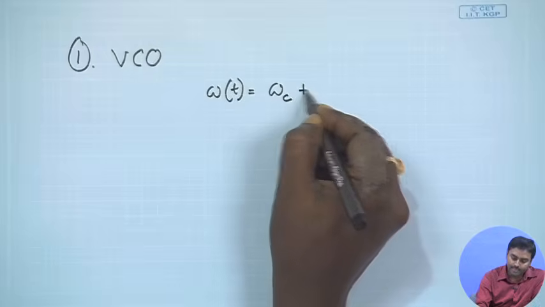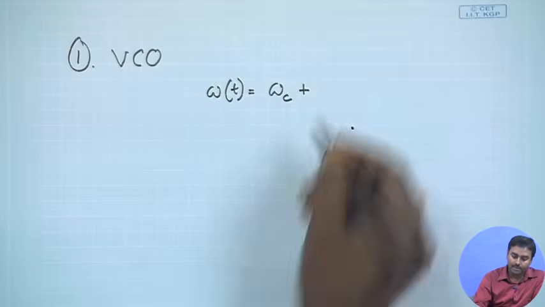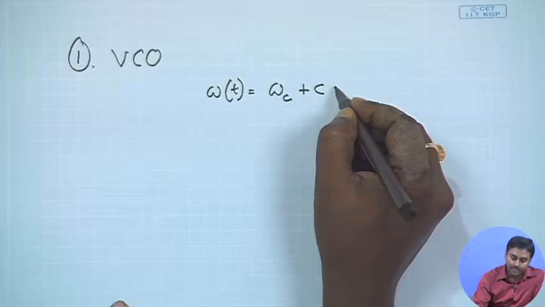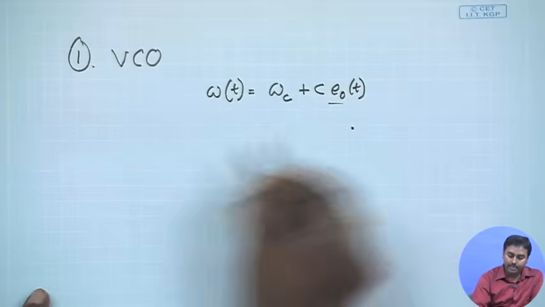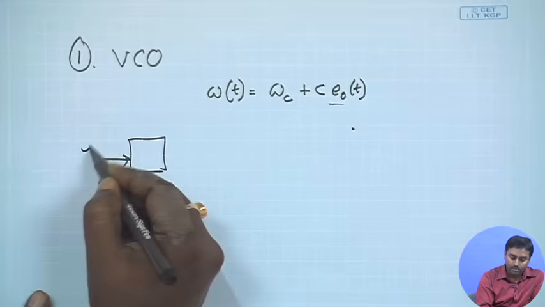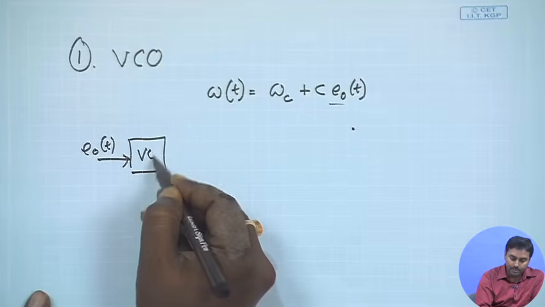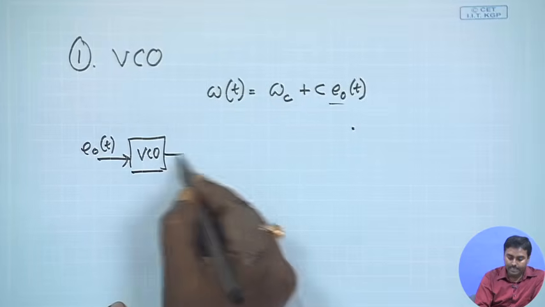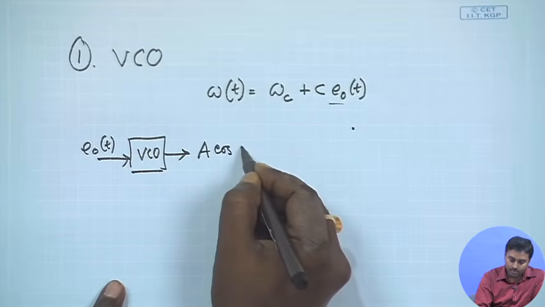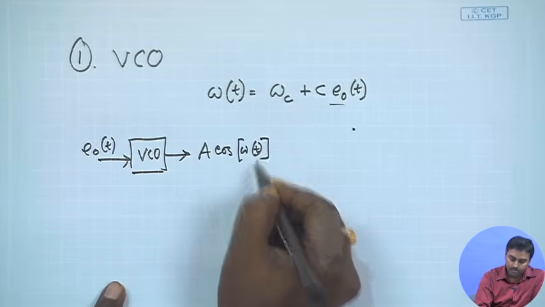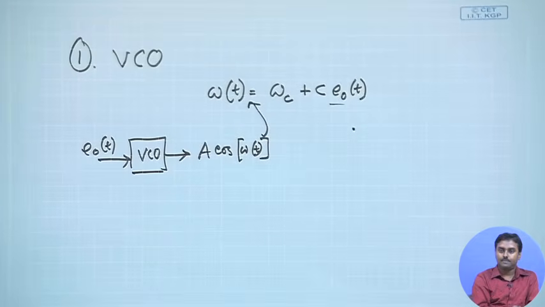So, it is a cosinusoid which has an instantaneous frequency omega t, which is some constant omega c, plus some constant c into E0 t, where E0 t is the input of the VCO. I can take A cos omega t, where omega t is this.